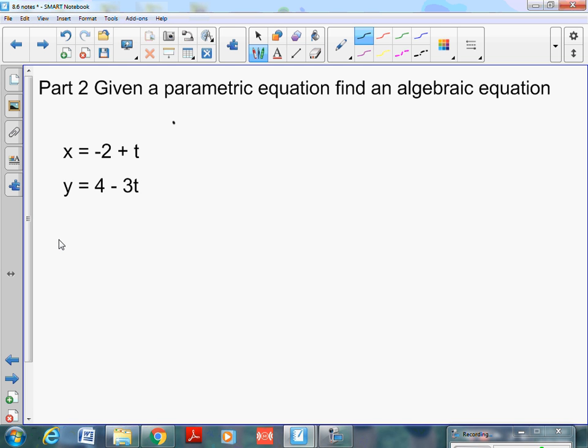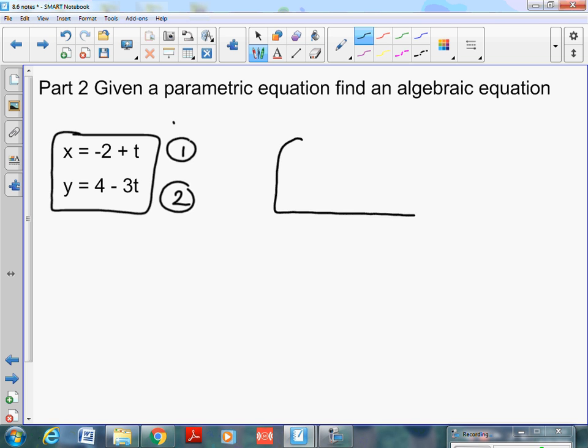Okay, part two, given a parametric equation, find an algebraic equation. As you can see, there are two equations. Here's the first one, here's the second one. What I'm going to do is put it back into an algebra form, y equals something. Okay, all you have to do is get t alone in both equations.